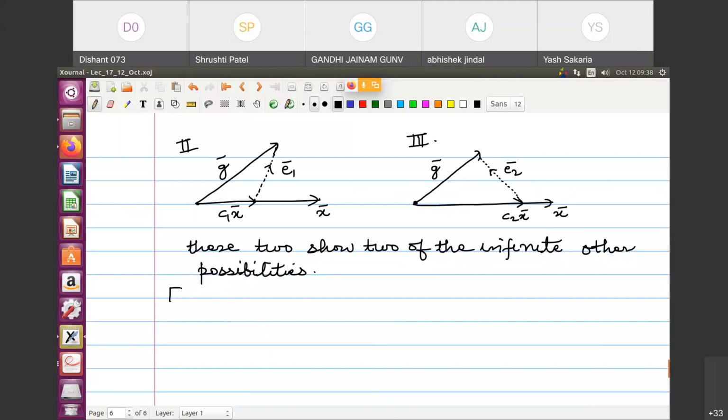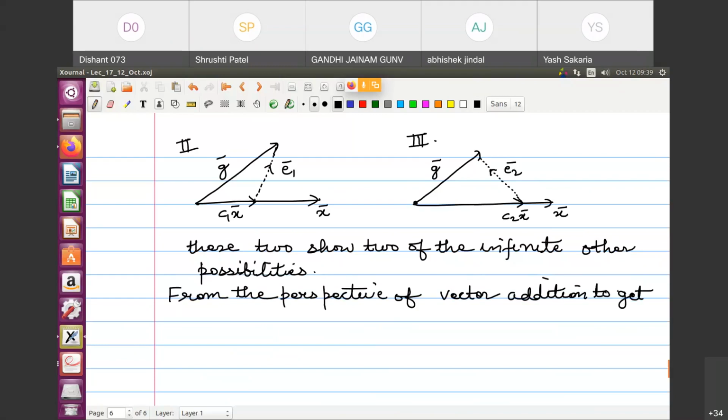So from the perspective of vector addition, to get another vector, which is the best decomposition?